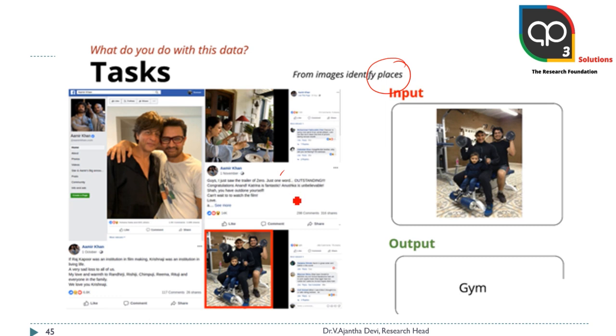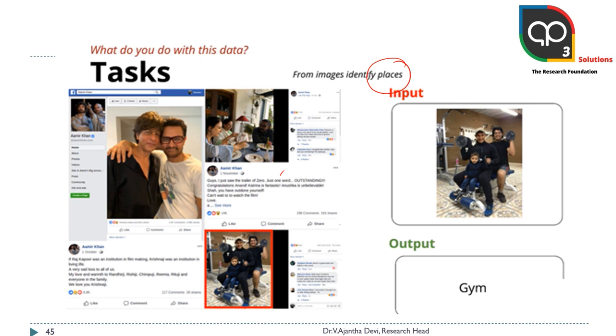So again this input output pair, that is x comma y, is given in various images for various concepts. And here, with Facebook, you could take this input output pair and design the task of image location identification.